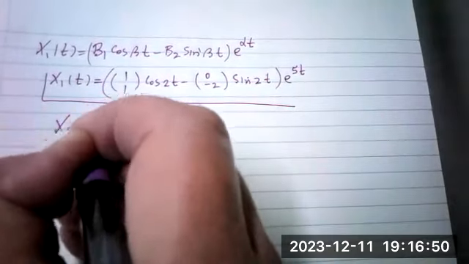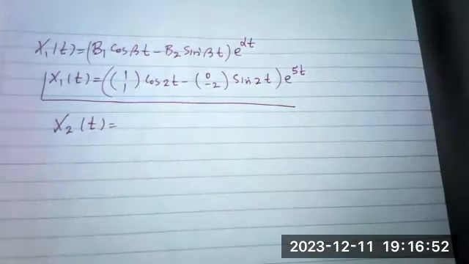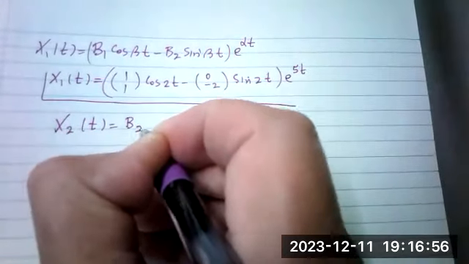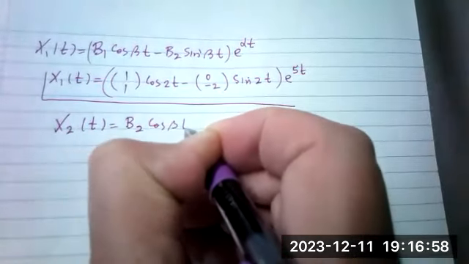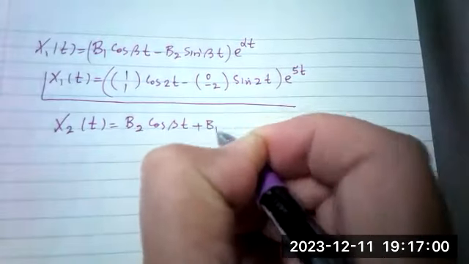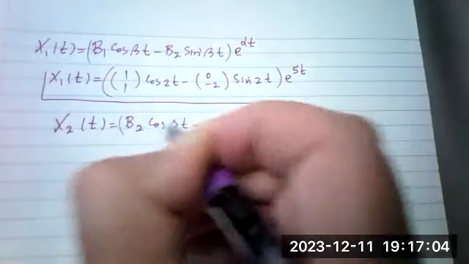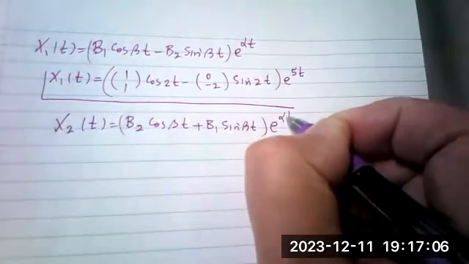x2 of t would be very similar, but we switch: it is b2 cosine of beta t plus b1 sine of beta t, everything times e to the alpha t.